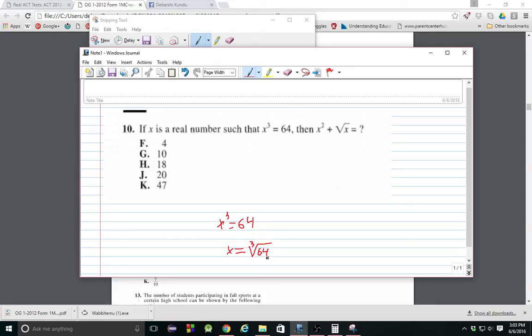What is the cube root of 64? Well, the cube root of 64 is 4 because 4 times 4 times 4 equals 64. Okay, so x equals 4.